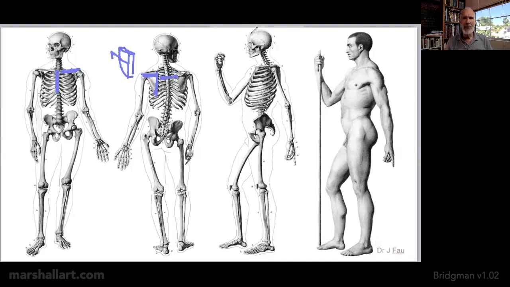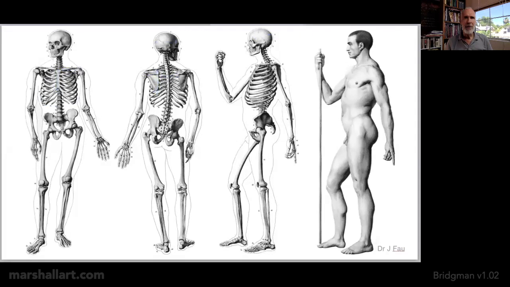We can always see a head width. It's the ball of the cranium. It's got to be about like that. Whatever we're seeing from any angle, if we can see a head, we can see the head width. Okay, those are the bones of the chest.